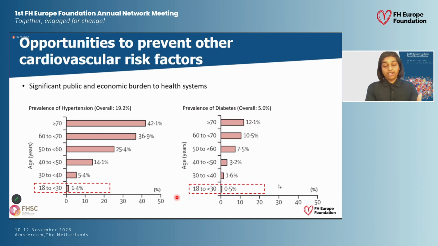And we see a clear trend in this. So this tells us that screening for FH at younger ages, in fact, younger than the age category shown here, has enormous benefits and opportunities, not only for FH, but also other highly prevalent cardiovascular risk factors that are a significant burden on individuals and to health systems.